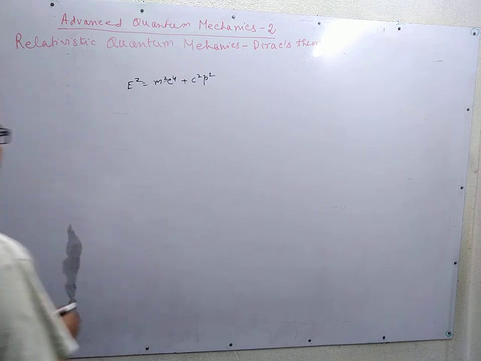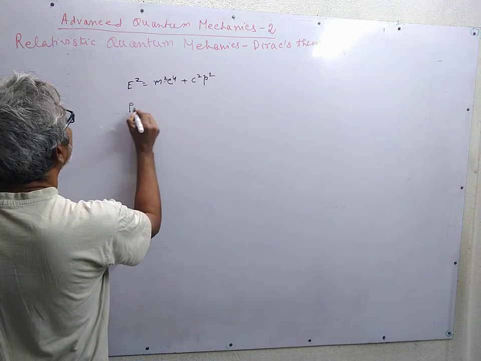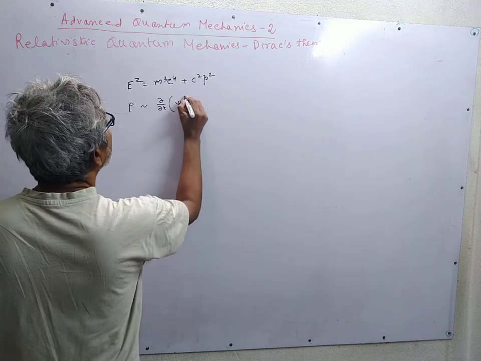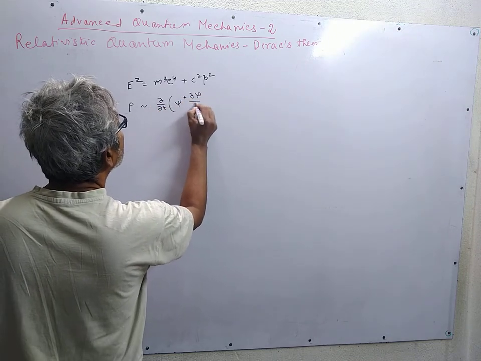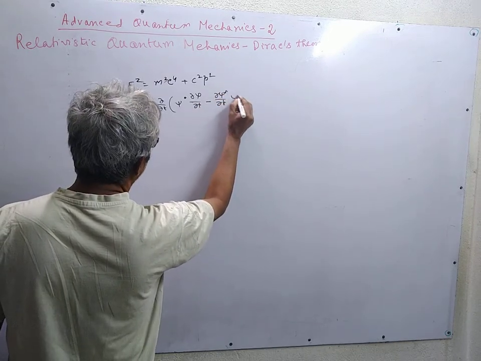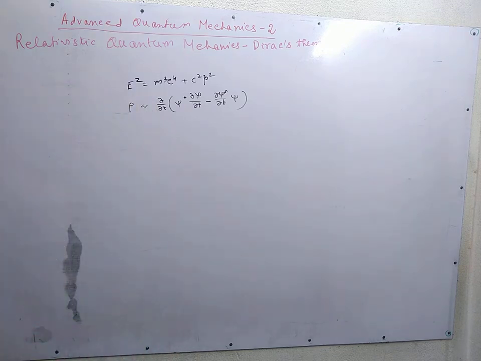We got the Klein-Gordon equation from it, and we found that the probability density rho is not essentially positive. This was the main problem with the Klein-Gordon equation.